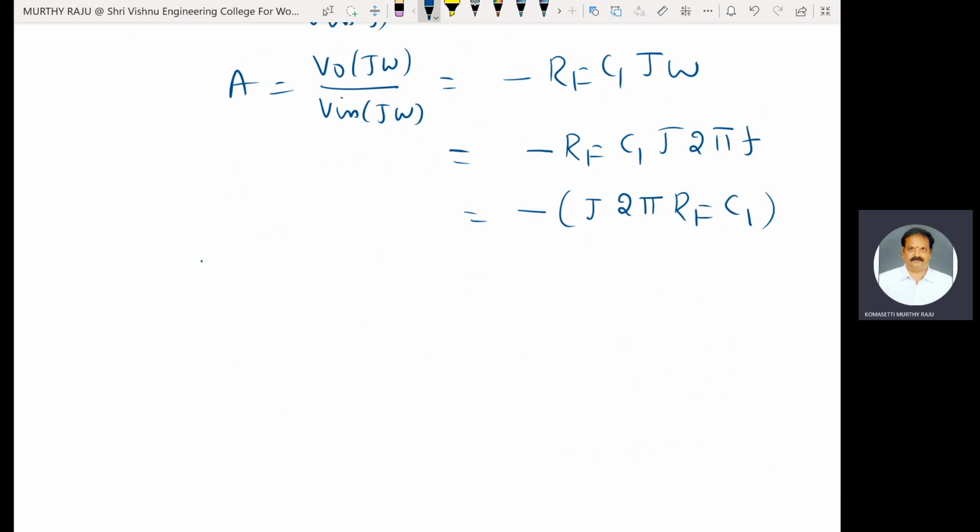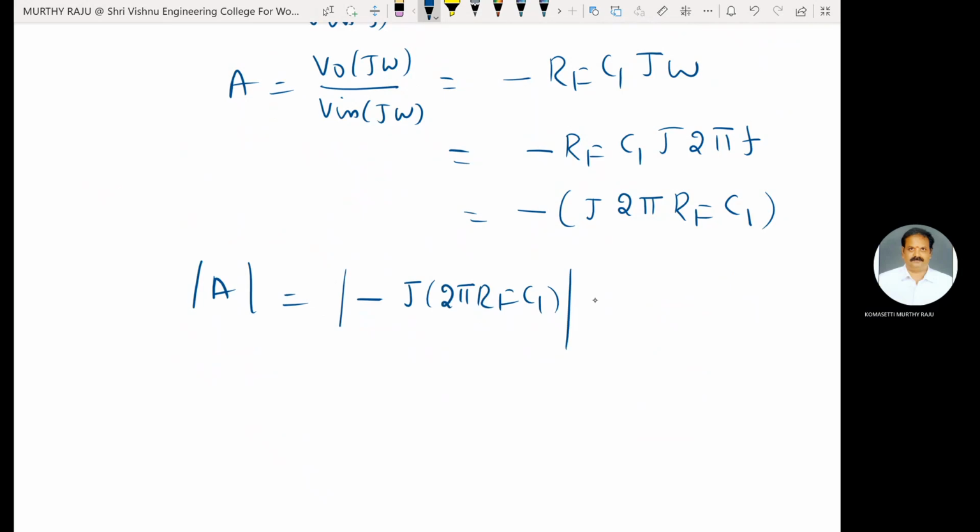Magnitude of that gain is mod of j 2 pi f RF C1. Therefore, 0 plus j, root of 0 square plus b square. Minus sign is removed here.